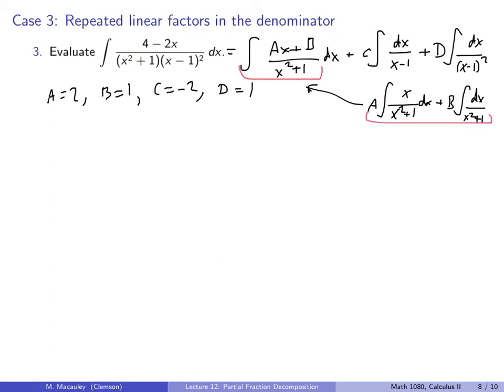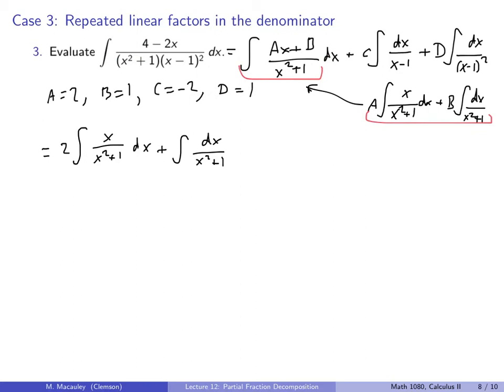Our original integral is 2 times the integral of x over x squared plus 1 dx. The second one is plus 1, so the integral of dx over x squared plus 1.